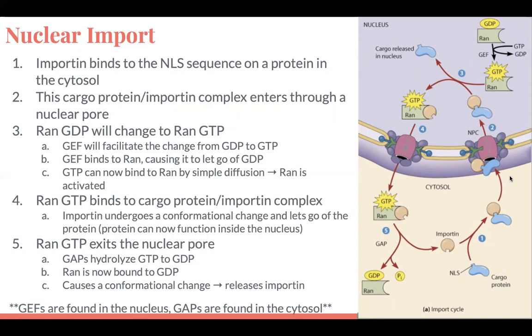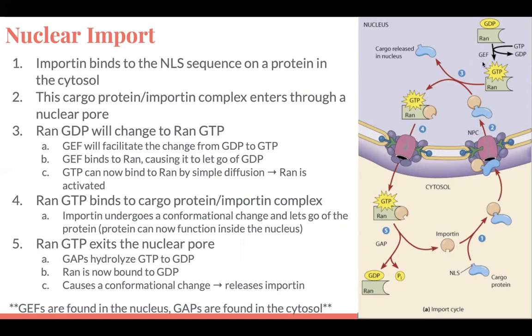Once inside the nucleus, RAN will be bound to GDP, and with the help of a GEF, this will cause RAN to let go of GDP, allowing GTP to bind with RAN. Once RAN is bound to GTP, RAN is rendered active.